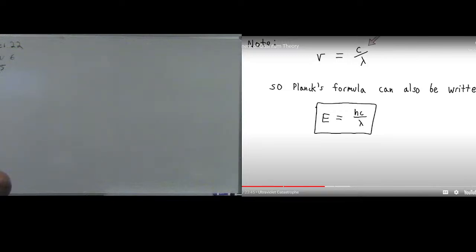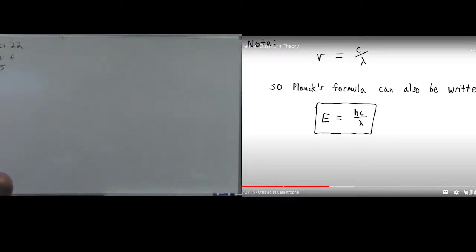And so we take the speed of light, we divide by the wavelength, that should give us the frequency. And so we can substitute this in for frequency in our E equals h nu expression. And so we can also write Planck's formula this way: E equals hc over lambda. And one or the other might be more convenient depending on whether we have a frequency or a wavelength.